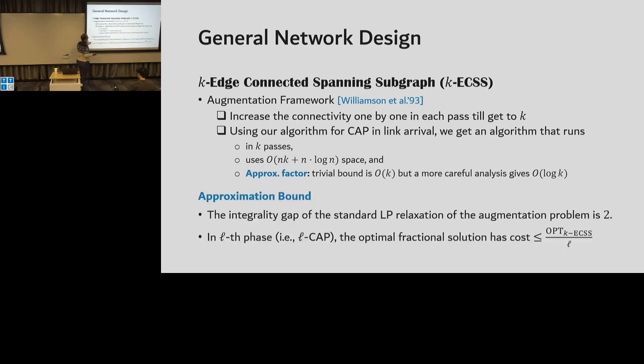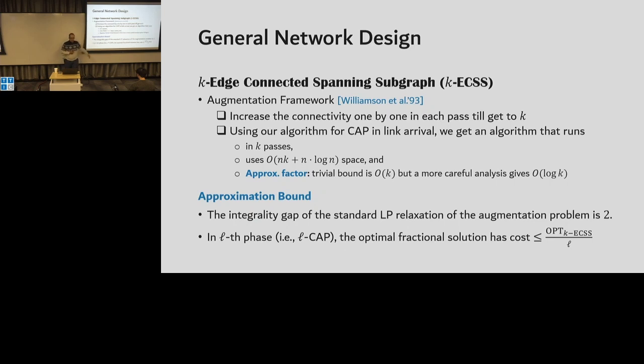But if we are more careful, we can show that it's actually order of log k. The reason is that the integrality gap of the LP relaxation for the augmentation problem is constant, it is 2. We can show that the problem that we need to solve in the L-th phase of this connectivity augmentation problem has an optimal fractional solution whose cost is less than the optimum cost of k-edge connected spanning subgraph over L. So this saves over this harmonic type of series.